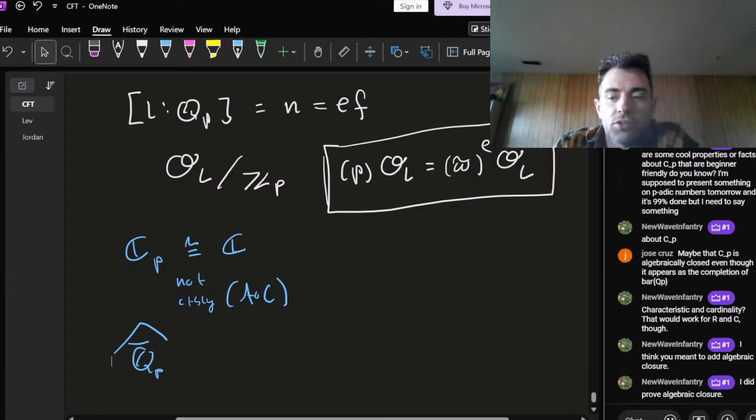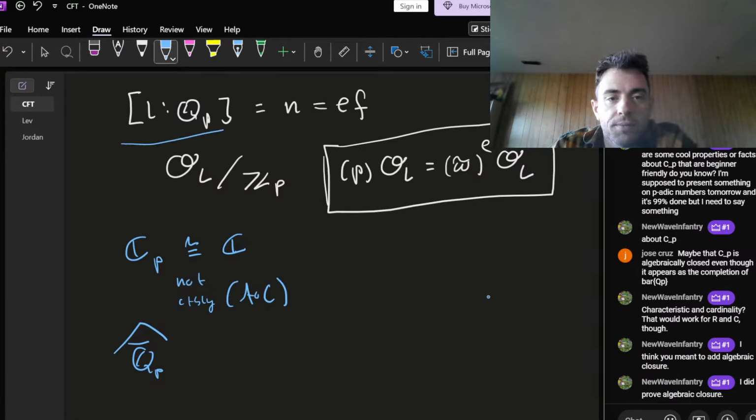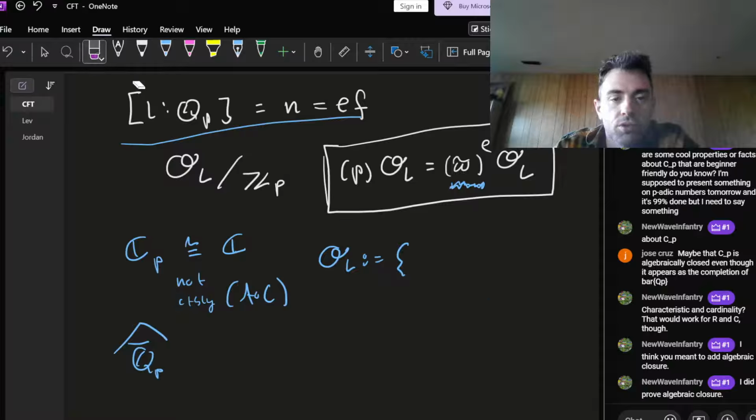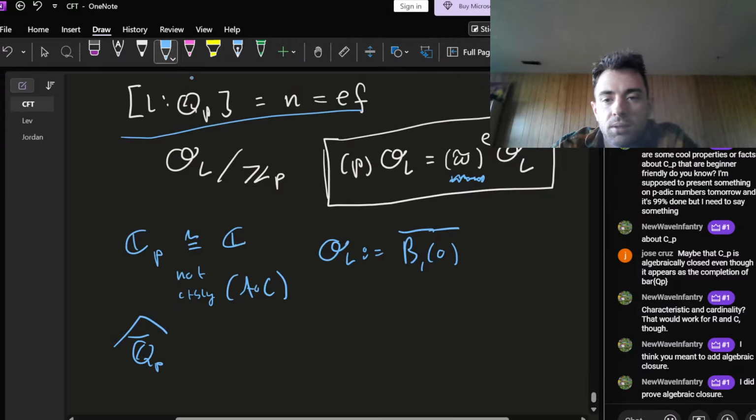But to go back to your previous question, are you familiar at least with varpi? Because O_L is defined, well, there are various ways to define it, but you could define it to be the closed unit ball once you extend the p-adic absolute value.